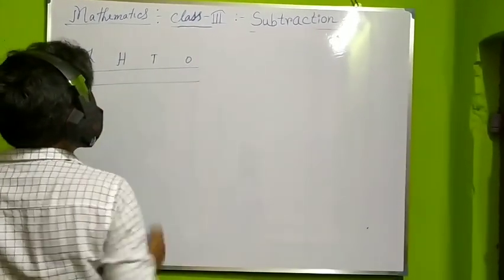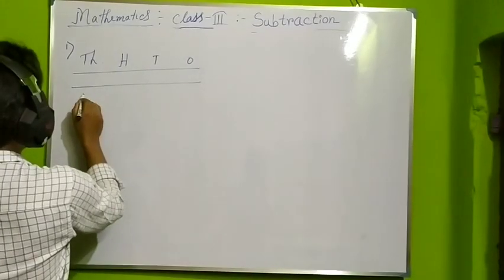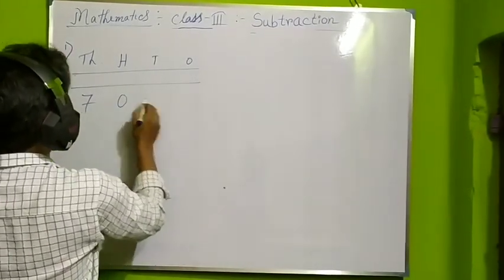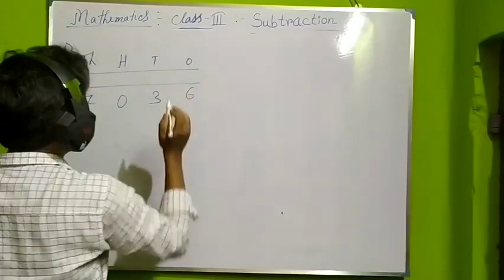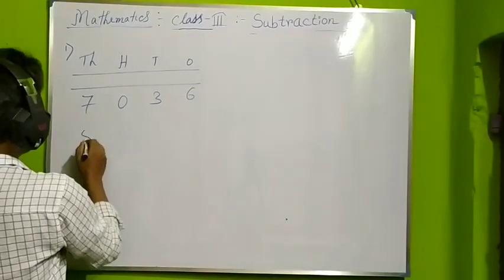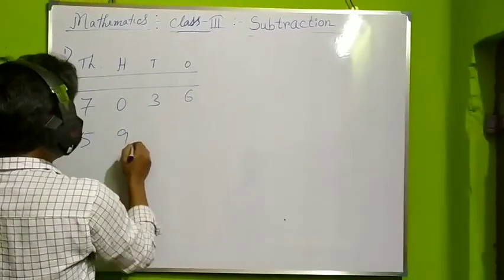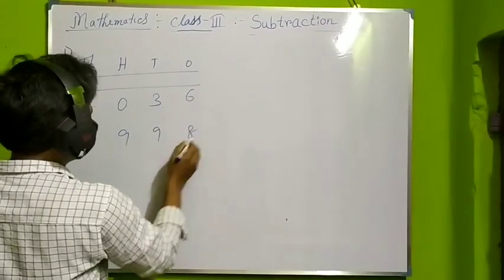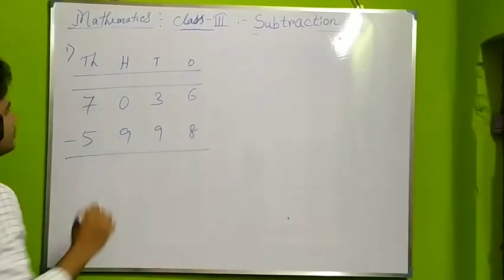Okay. Now write down the number 7036, and we have to subtract 5998 from this number. Okay.